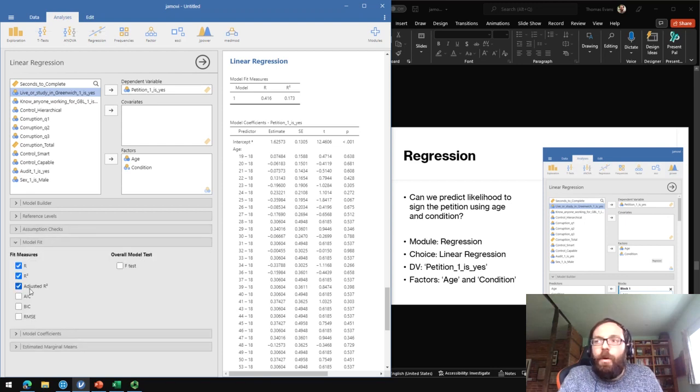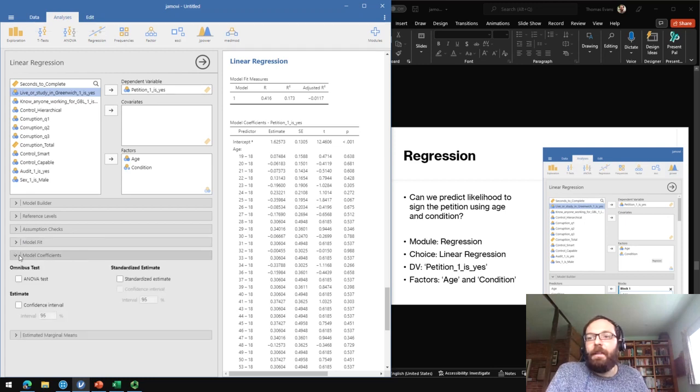You can ask for a variety of different fit indices, including if you are more SEM inclined, you can ask for the AIC, BIC, and RMSEA. I know it's not called the Ramsey, but it reminds me of Gordon Ramsay. And I typically ask, under model coefficients, for the omnibus test, the ANOVA test.